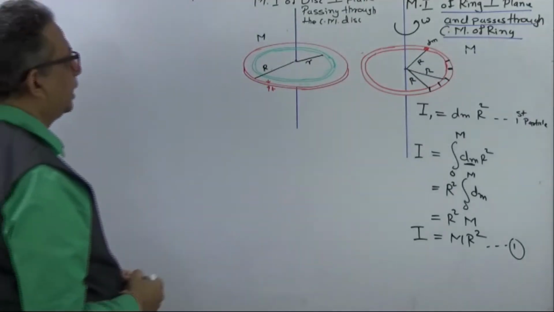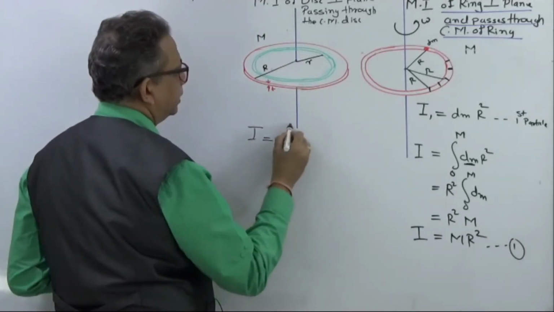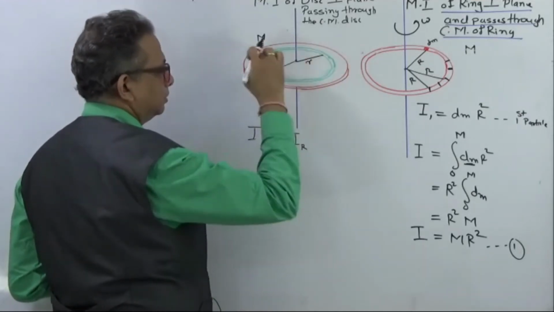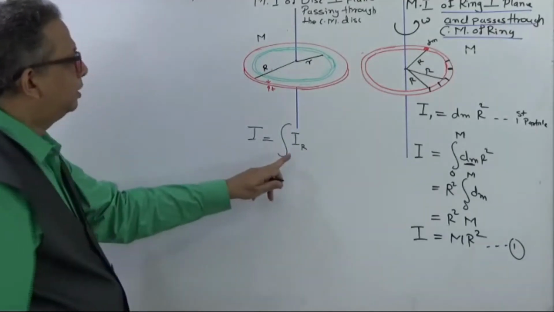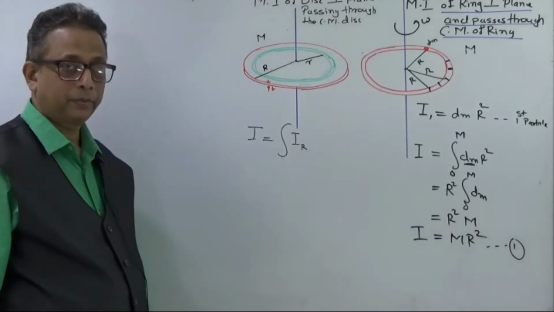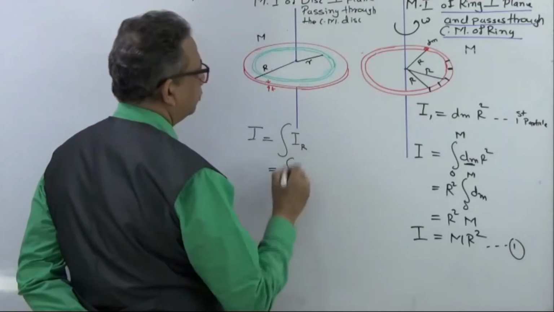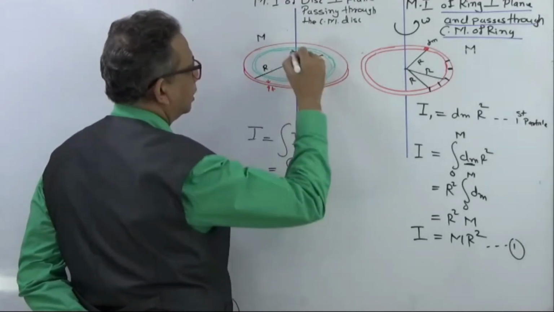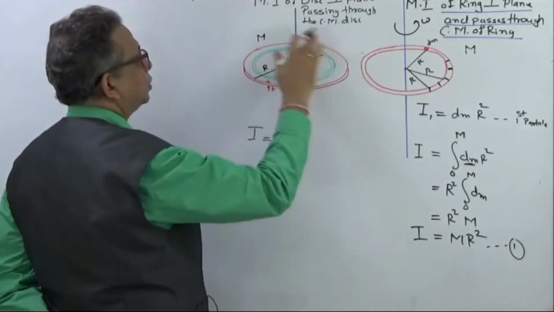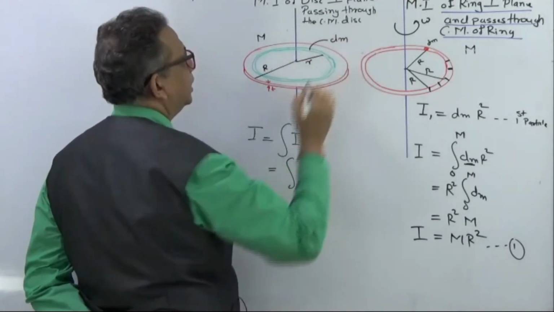Now here again I am going to use that the total moment of inertia I will be the integration of the moment of inertia of the rings. It will be the summation of all the moments of inertia of these rings. What is the moment of inertia of the ring? Here m is the total mass of the disk, so this ring will have a small mass dm.